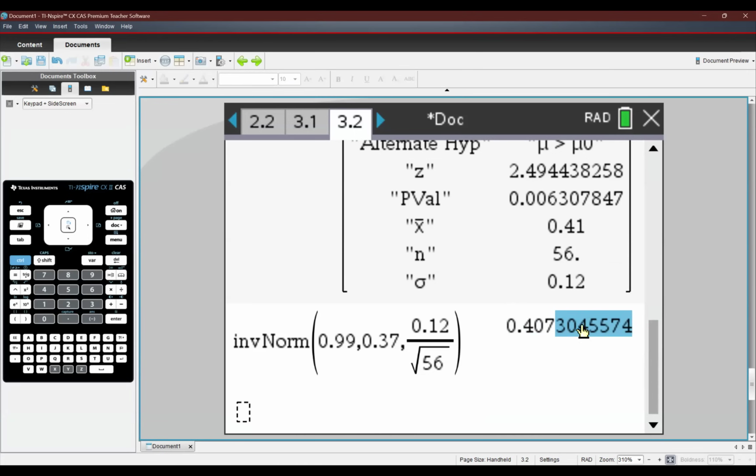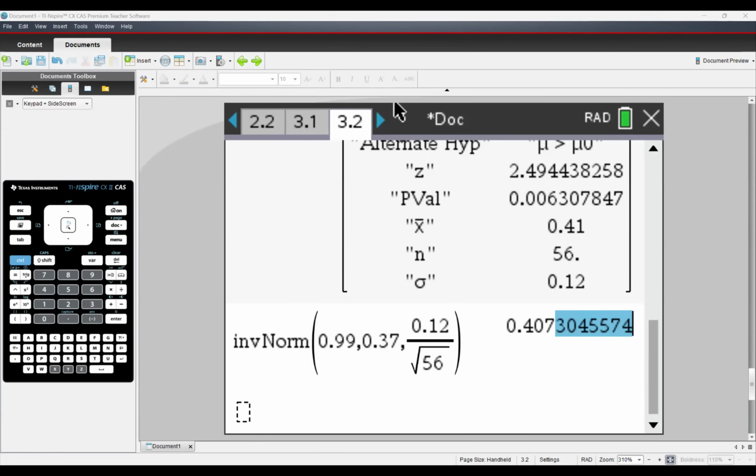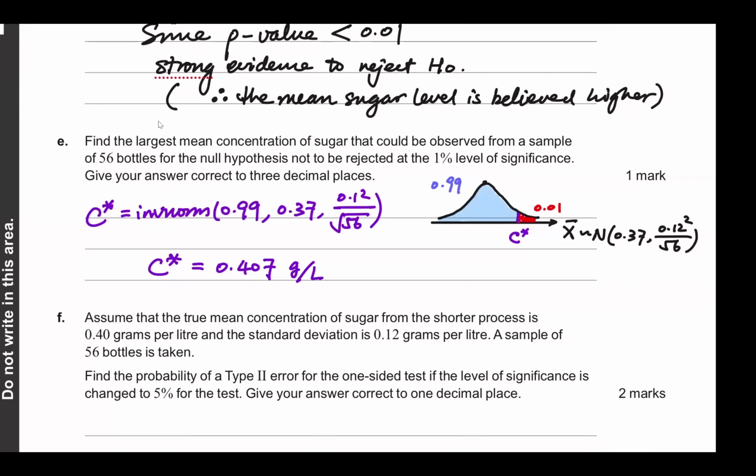And if we truncate this bit, it will still lie within the blue region. So the answer is 407 rather than 408, okay? Okay, 3 decimal places.